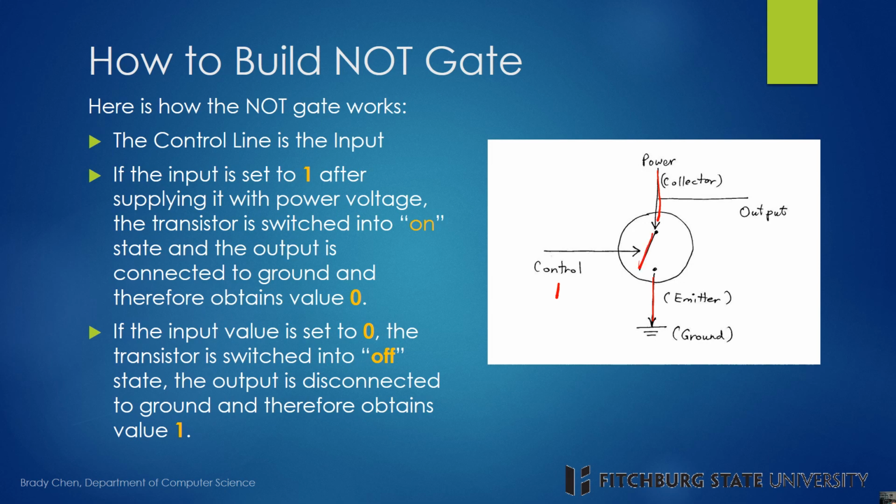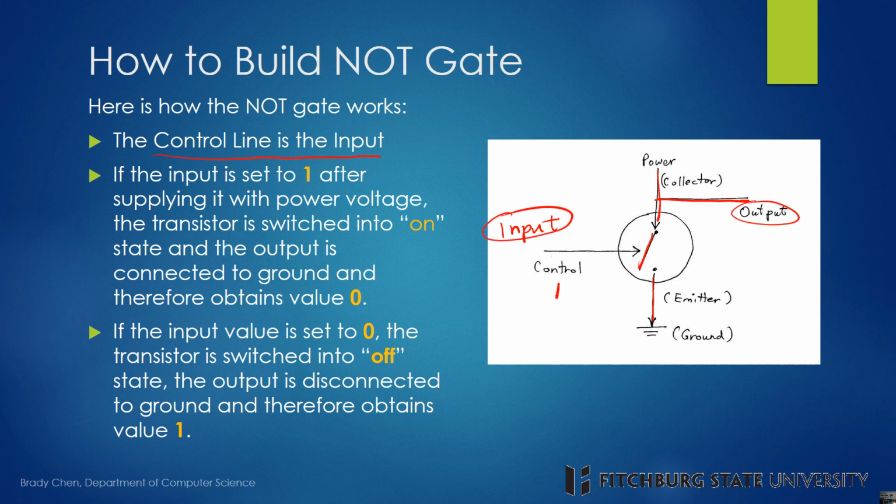So now to build the NOT gate, we're going to view the control line as the input of the NOT gate. So the control line now becomes the input. Now the line that applies the power, the collector line, we actually use as the output.